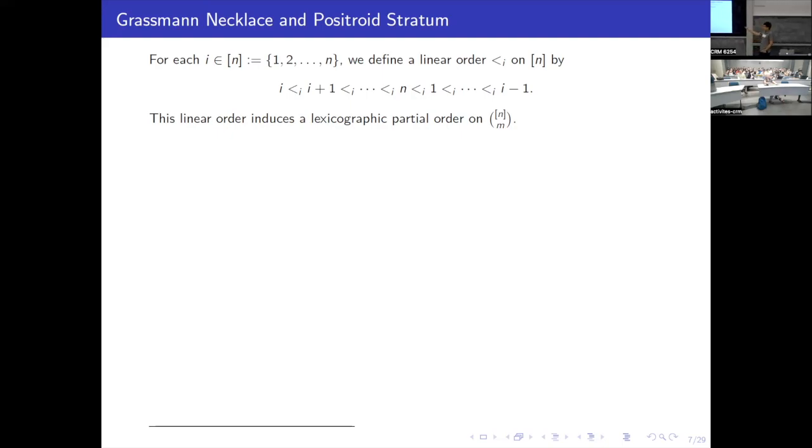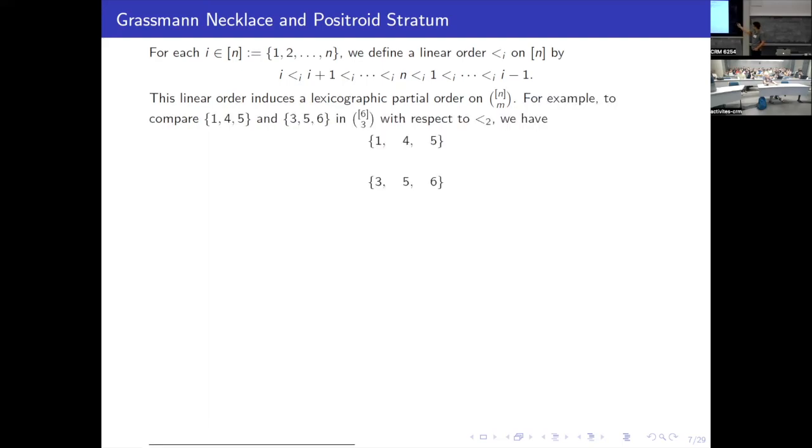And this linear order will induce a lexicographical partial order on the m-element sets. How? Well, say take {1,4,5} and {3,5,6}, and let's compare them with respect to the order less than 2. What you do is you first order the elements inside each subset according to this order. So for example here, 4 is less than 5 less than 1, because 2 is the smallest and 1 is the biggest.